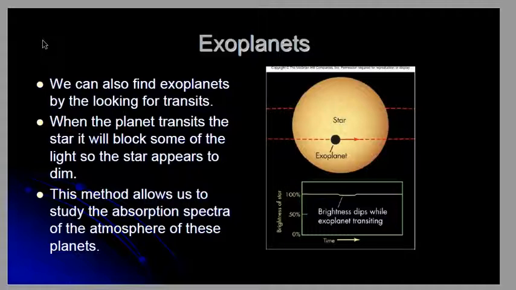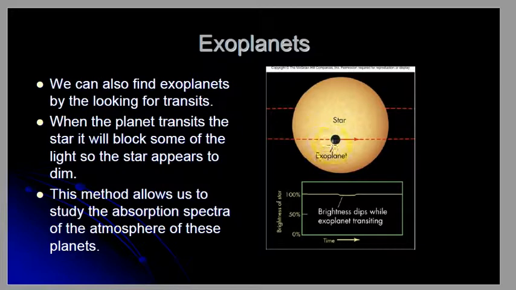So they did this in Geneva, and they found this exoplanet because it caused a little dip in the brightness of the star. Every time it went in front of it, the brightness of the star dipped. So they found an exoplanet that way.